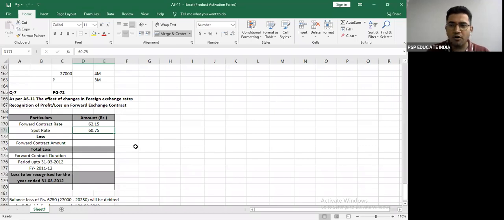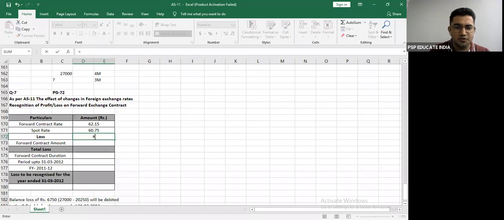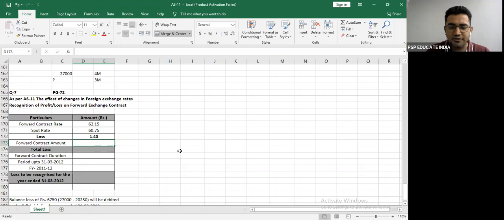More. How much more? 1.4. Tell me, gain or loss? Loss per dollar is 1.4.